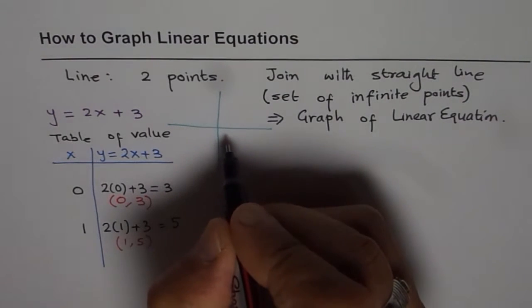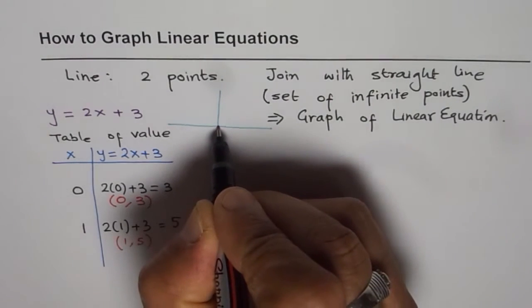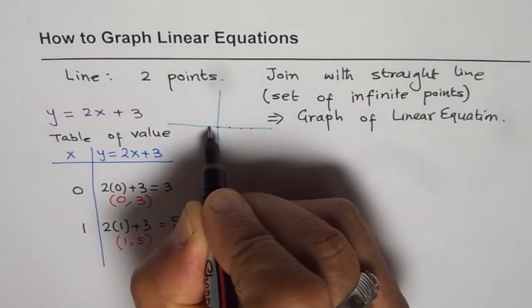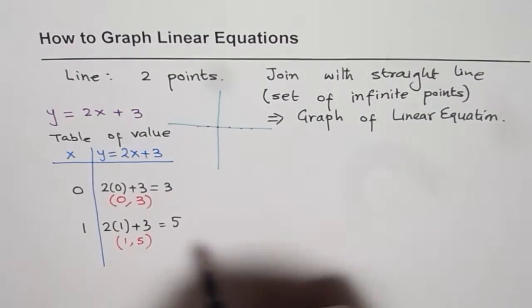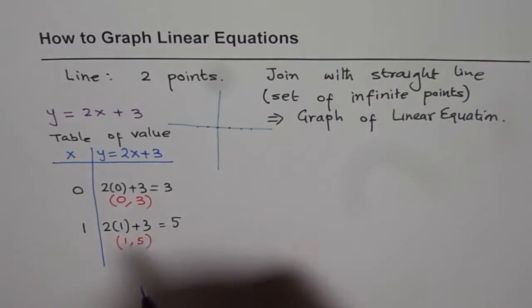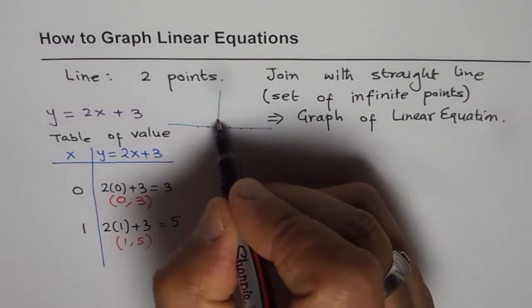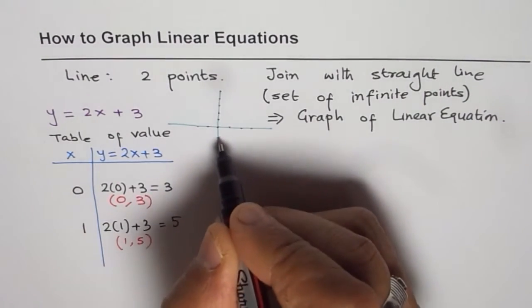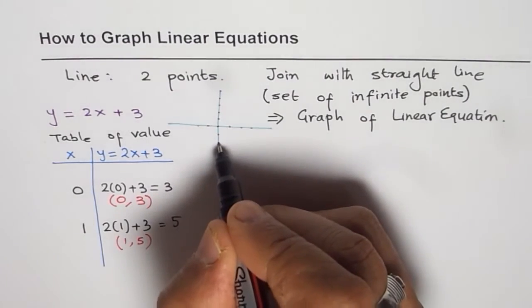So on the x-axis, let us say this is 0 for us, and then we have 1, 2, 3 and so on, right? Minus 1, minus 2. On the y-axis, we need 3 and 5. So we have 1, 2, 3, 4, 5 and so on, correct?